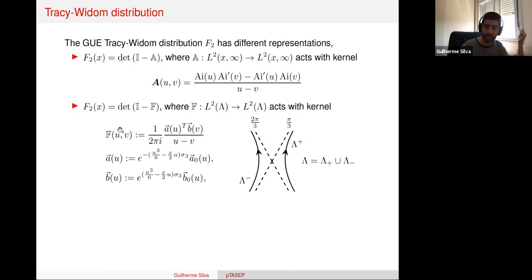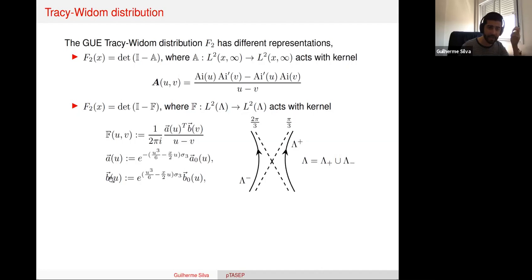So the kernel of this operator is a vector function A of U, a 2x1 vector transposed, and then you multiply by a vector B of V, where again this B is a 2x1 vector. I don't want to write them down explicitly, that's not necessary.